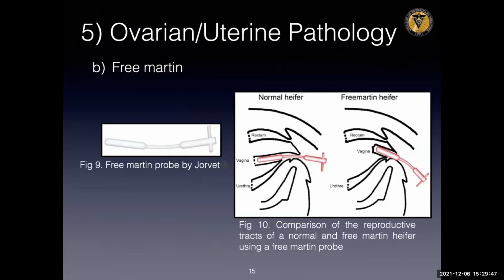Okay, so this is the commercial tool. We call this the Jorvet freemartin probe, and you see on figure 10 the comparison of the normal heifer, where the length of the end of the probe can pass through, unlike in the freemartin heifer, where only the tube end can pass through.